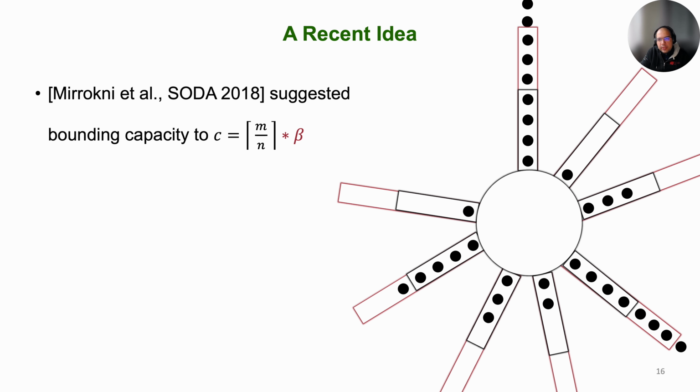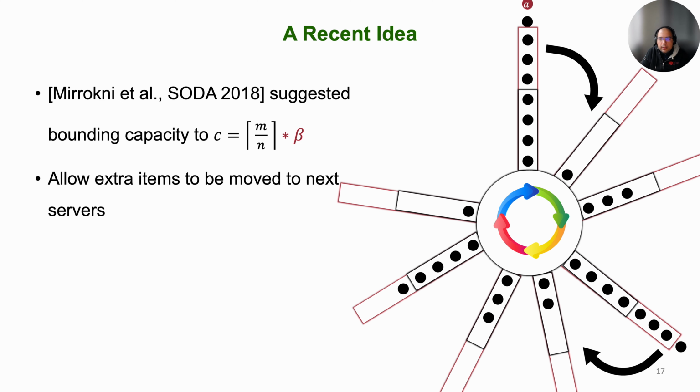For example, here we do this by a factor of 1.75; this factor beta can be anything between 1 and 2 or beyond. And we might have some leftover items. What we do with these leftover items is move them clockwise to the next server that has available capacity to store them.